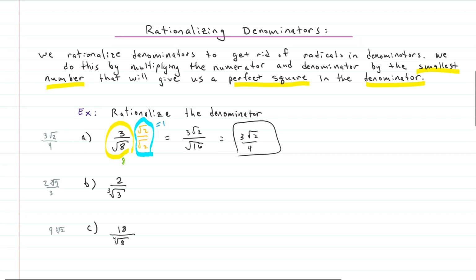Out of just curiosity, this is a side note: why don't we want a radical in the bottom? Turns out it's kind of a lame reason. I say lame because a while back it was legitimate, but today it's not really that big of a deal. We don't like radicals in the bottom because when you're doing a long division problem and you have a radical on the bottom, it makes your long division really, really tedious and hard to do.